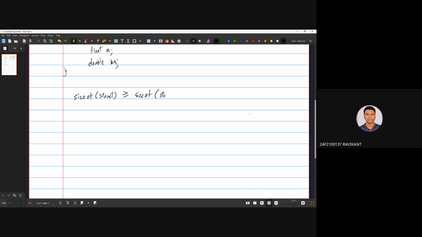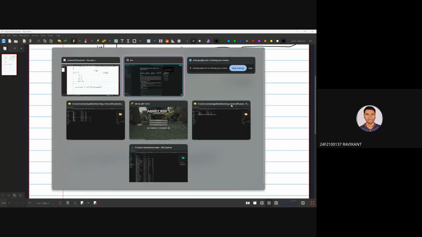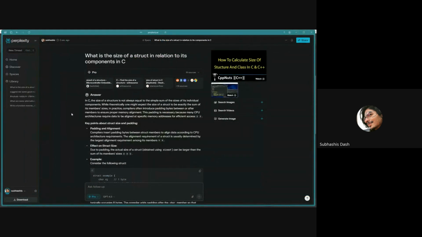So I'll just write sizeof struct, greater than or equal to the size of the sum of its members. That is what it means.